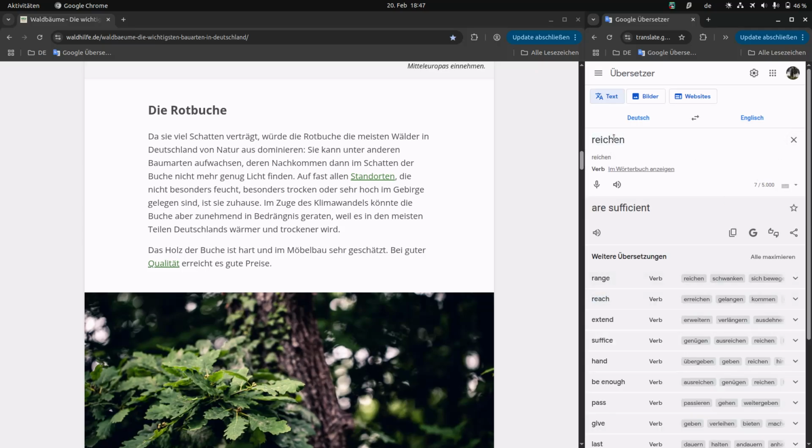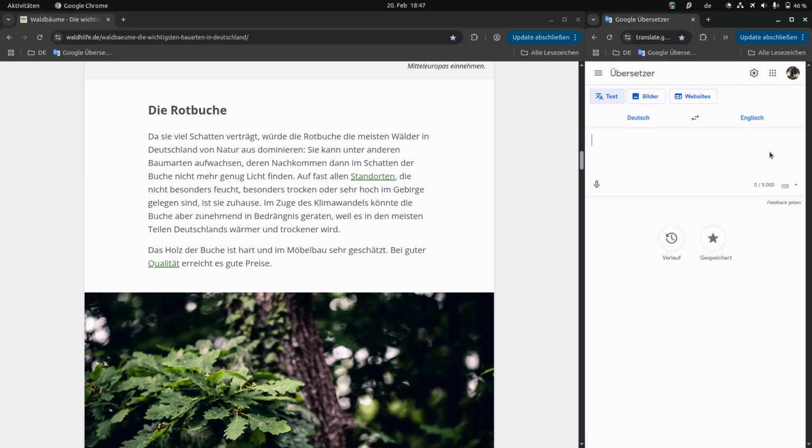So reach is very similar. You can kind of see where this is going. And erreichen means to basically get to a specific point. Like, ein Ziel erreichen, reach a goal.